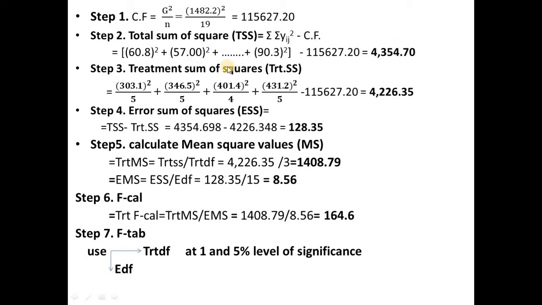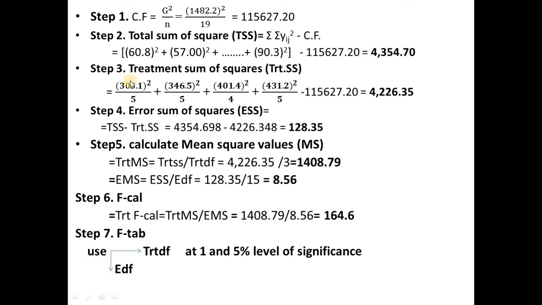The third step is estimating the treatment sum of squares, or treatment SS. In order to get this with no bias, with no missing data estimation, we square all treatment totals and divide each treatment total by its replication.